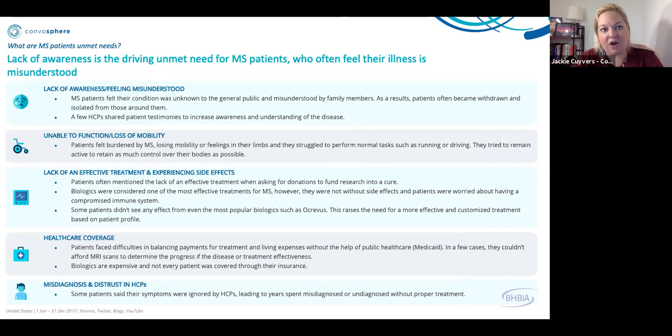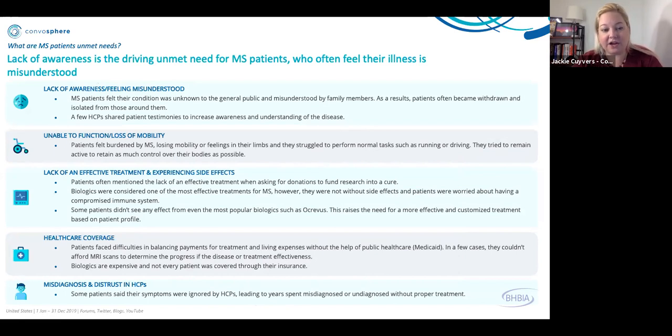All of this helps us understand what the key unmet needs are for MS patients. So it's a lack of awareness and feeling misunderstood and unable to function, or loss of mobility, impacting how they get around, lack of efficacy and or side effects.